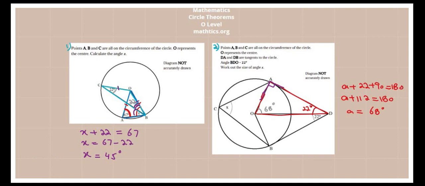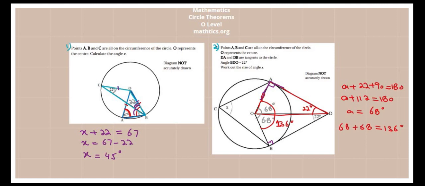Okay, so if this is 68 degrees, obviously this was a 90 degree right angle triangle, this will also be 68 degrees, and we know that 68 plus 68 will be equal to 136. This total angle is 136 degrees.